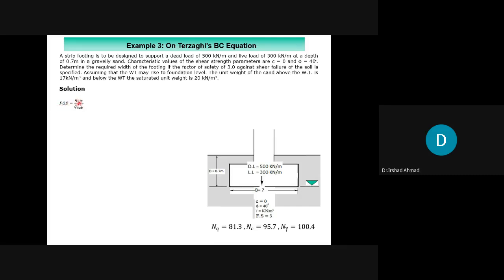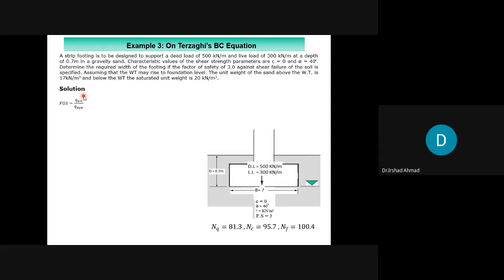Q ultimate we will find from Terzaghi bearing capacity equation, right? In terms of B, because B is unknown, and Q applied is taken from this 800 kilonewton per meter. So everything in this equation is known except the B value which comes in Q ultimate. So we can find B from this equation.